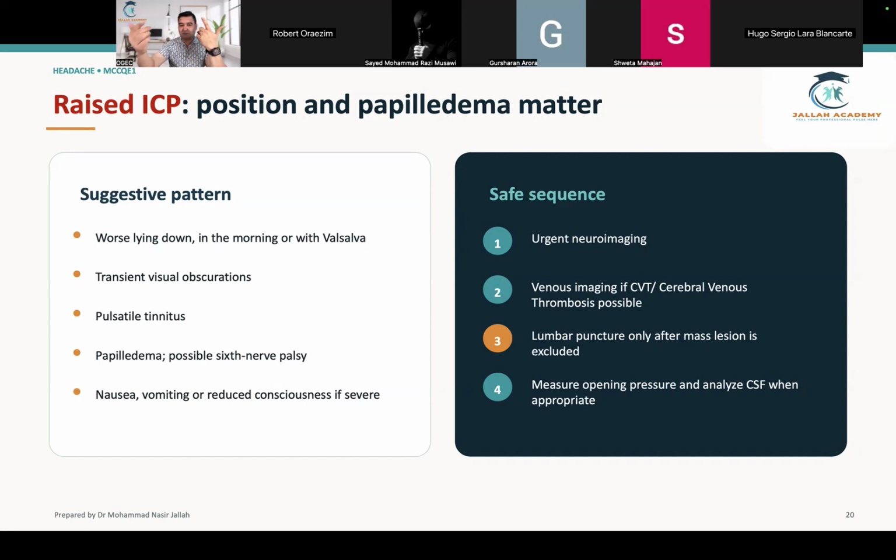For idiopathic intracranial hypertension, the patient will be female. But if it is male, do not blame me for it. Usually they will give you a female, obese patient.